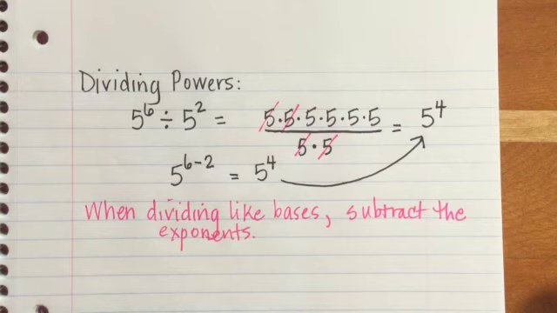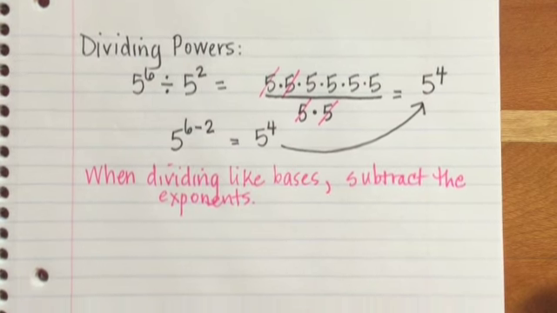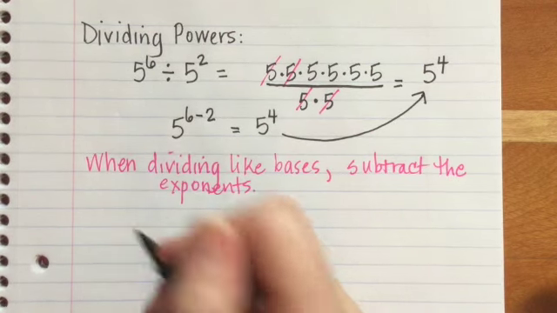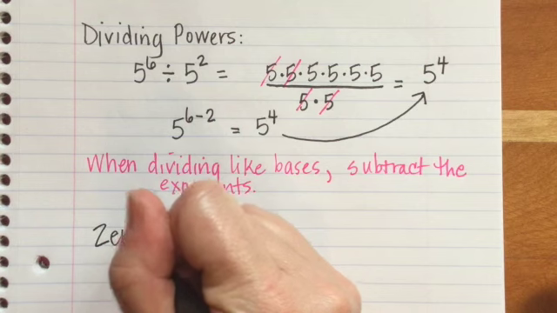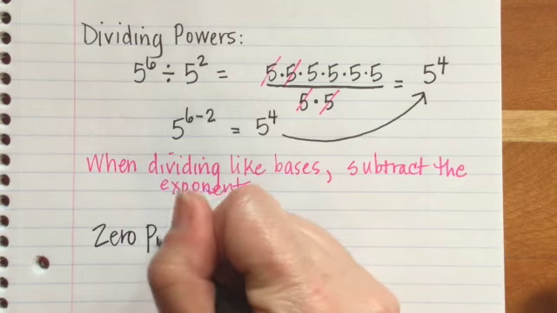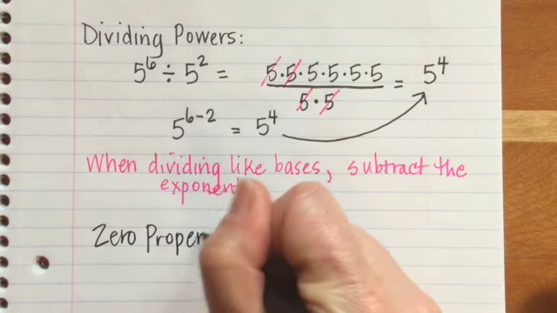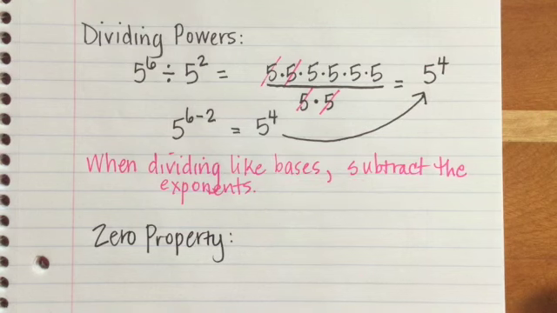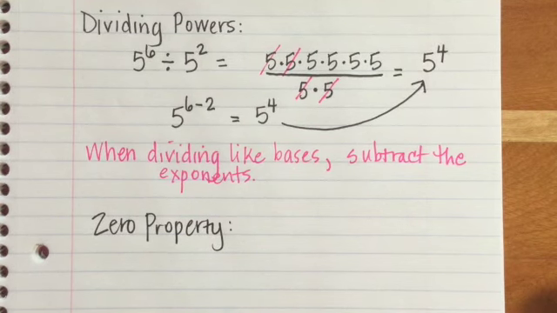Okay. I'm going to show you one really quick thing, and I'm going to make this video less than 15 minutes, I promise. And the last thing I'm going to talk to you about is called the zero property. So here's what happens sometimes, especially you'll see it a lot of times when you are doing division of powers.